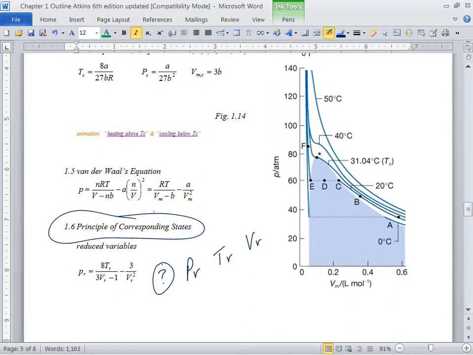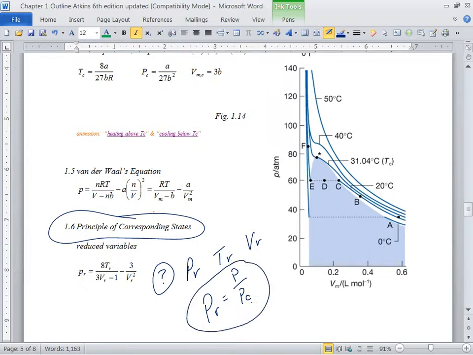They call them reduced variables. And what it is, all you do is, if you want the reduced pressure, just take your pressure and divide it by the critical pressure. If we haven't talked about phase diagrams yet, but at what pressure does that critical temperature occur, and its volume, right?